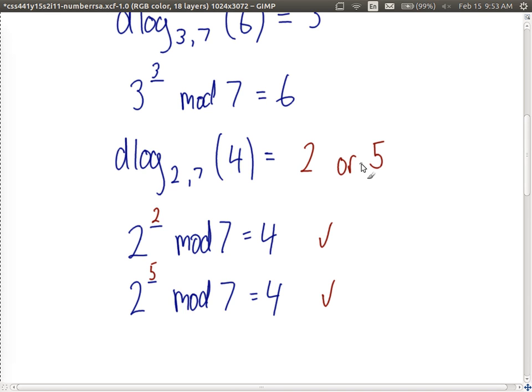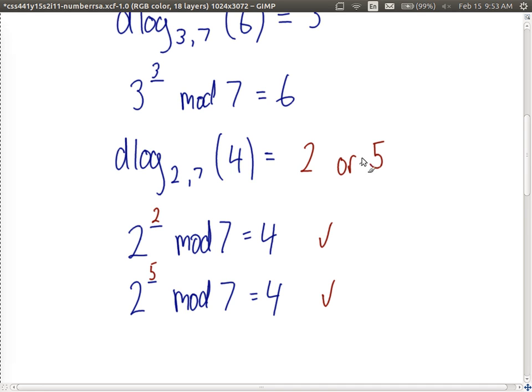If one operation is the exponentiation, and you give me the number 4, and you tell me you used a base of 2 and mod 7, and I need to find out what exponent did you use, I don't know whether you used 2 or 5. So that's a problem, and we'll say for cryptography that there's no unique answer here, and we don't want to have such problems to solve in cryptography. If we want to find a discrete log, we want to make sure that there's always a unique answer.